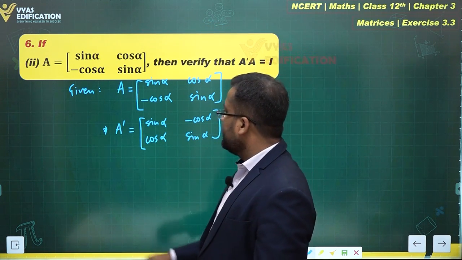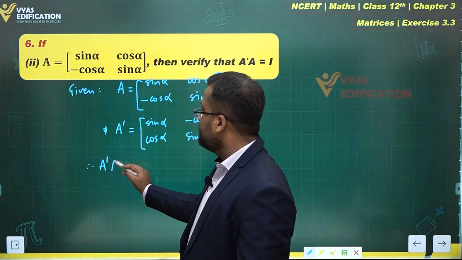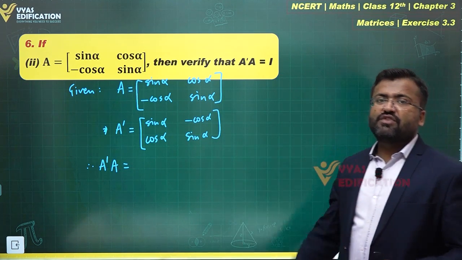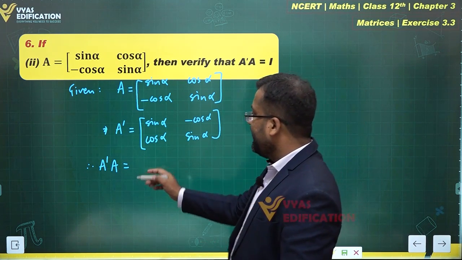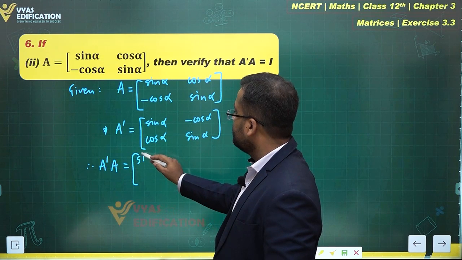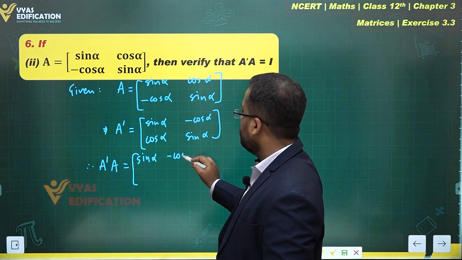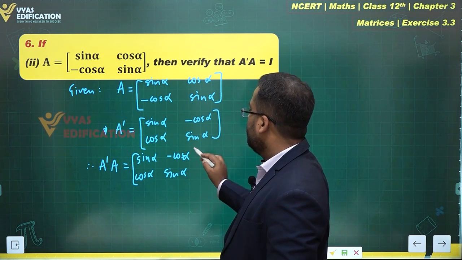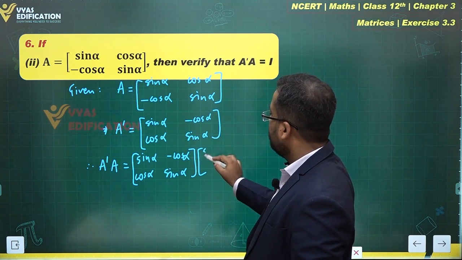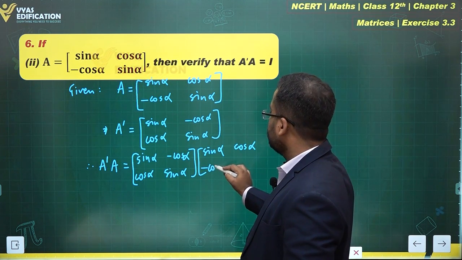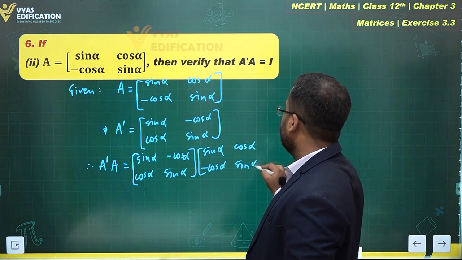Using this, A transpose A, what is this? This is the LHS of the expression which we have to verify. So let's write A transpose times A. This is A transpose, sin alpha, minus cos alpha, cos alpha, sin alpha, times this here, which is sin alpha, cos alpha, minus cos alpha, sin alpha.